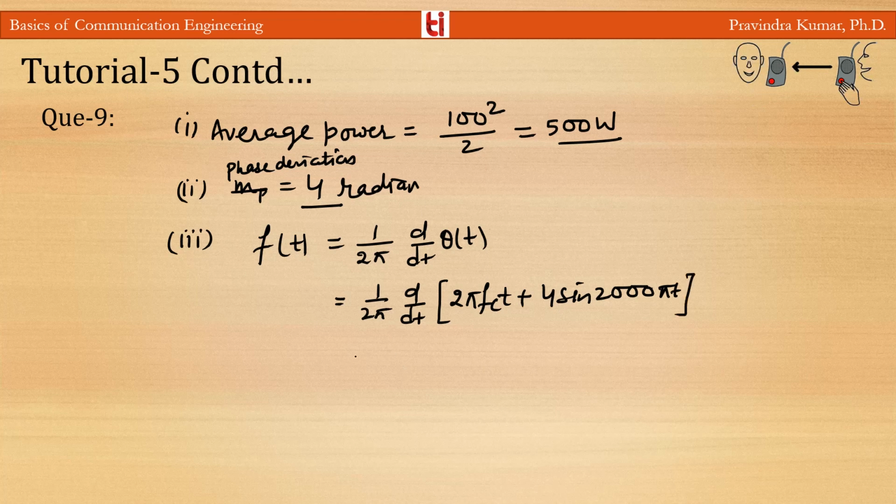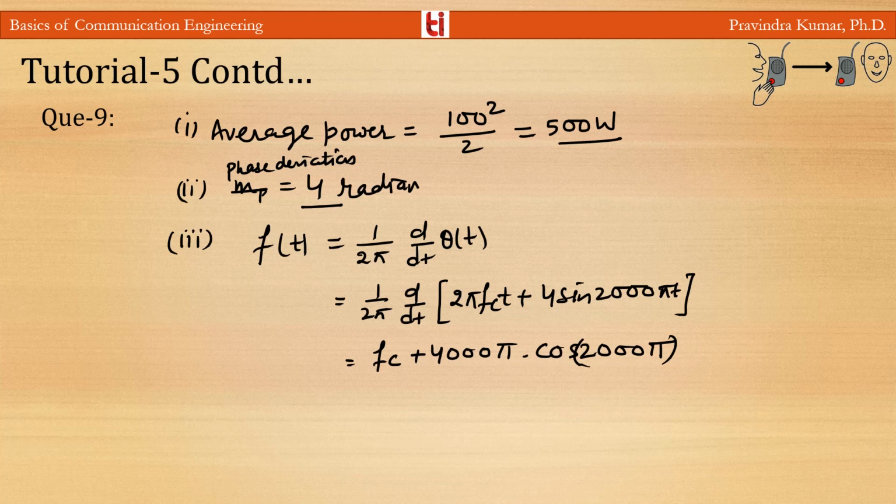So from here you can calculate, this is fc plus 4000 pi cos 2000 pi t. So the frequency deviation at the instant t is 4000 pi cos 2000 pi t, and the peak frequency deviation is 4000 hertz.